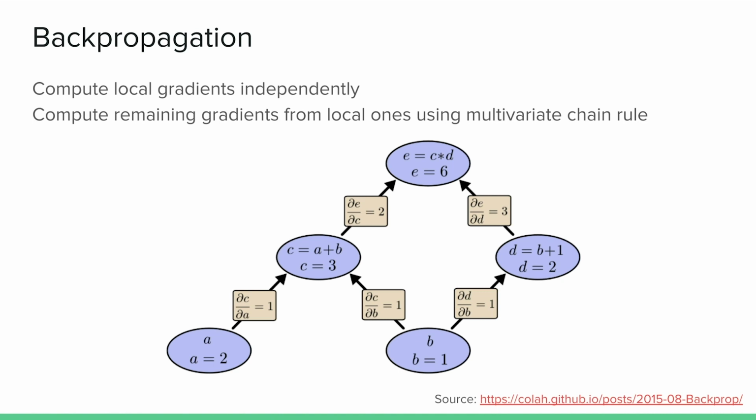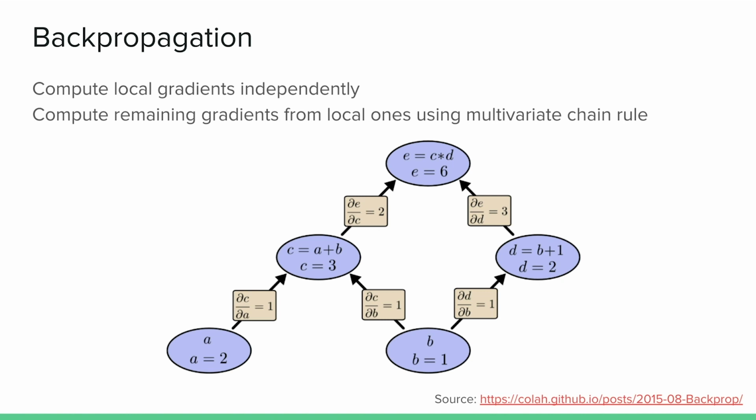So our function e is the multiplication of c and d, and e had the value of 6. So now we can compute the partial derivative of e with respect to c, which is 2, and the partial derivative of e with respect to d, which is 3.